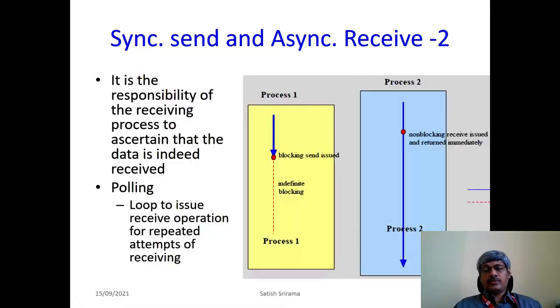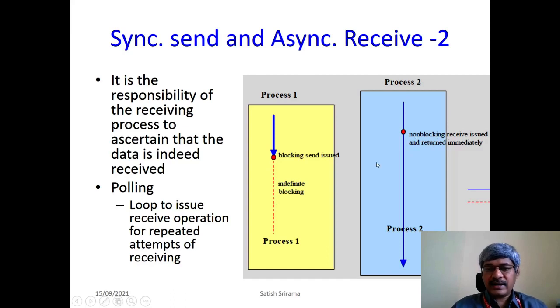Let's look at scenario 2. Scenario 2 is a little bit problematic. You have issued a blocking send operation, and the non-blocking receive was issued before you issued this blocking send. Sometime earlier, the non-blocking receive had already been initiated, and since it had not received any data, it immediately returned because it's an asynchronous, non-blocking receive.